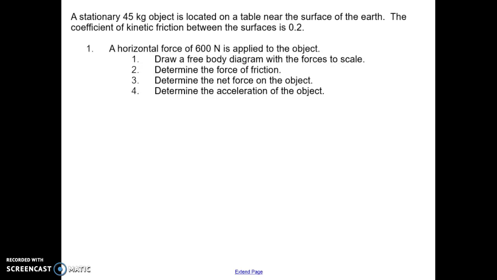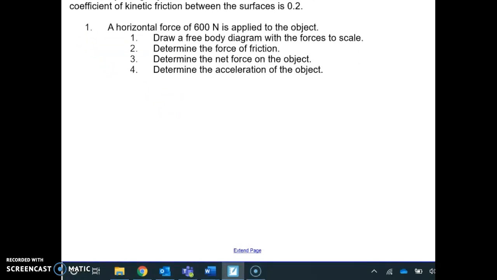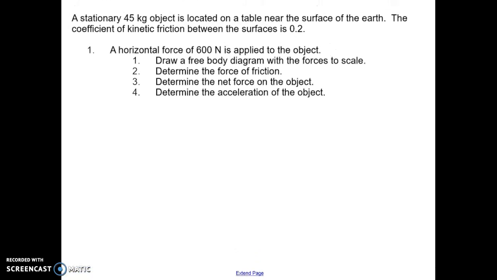All right. That being said, today what we're going to do is look at a stationary 45 kilogram object, which is sitting on a table near the surface of the earth. So if we do a quick little sketch of this, we can see we have an object that's on a surface here.